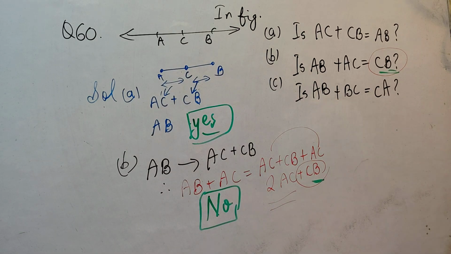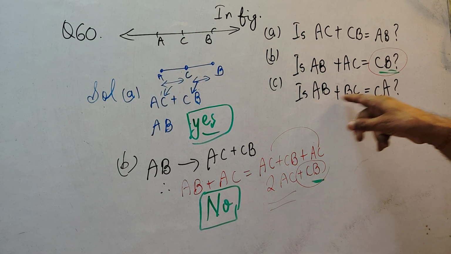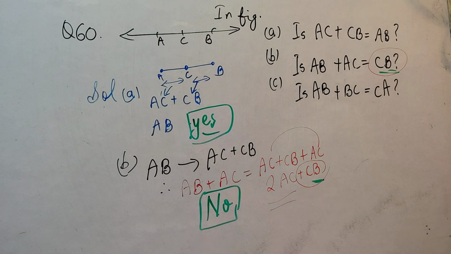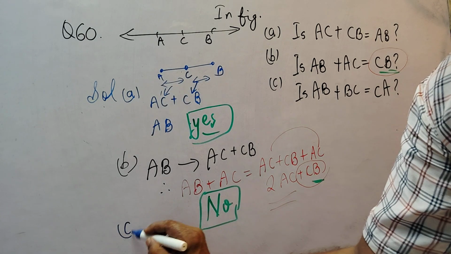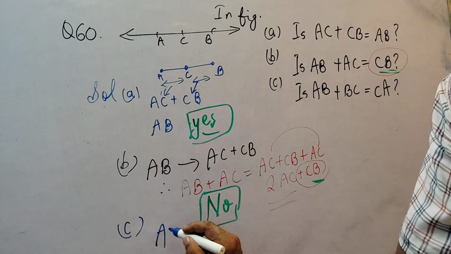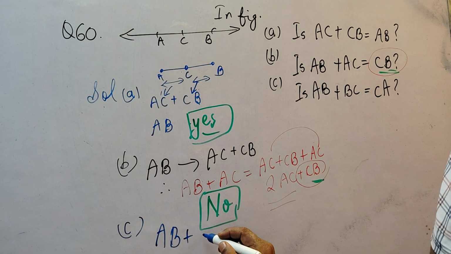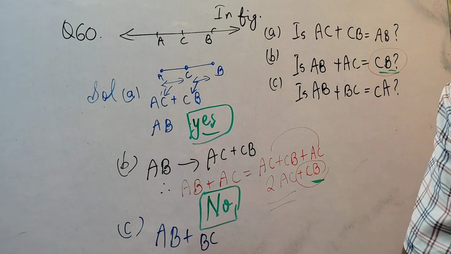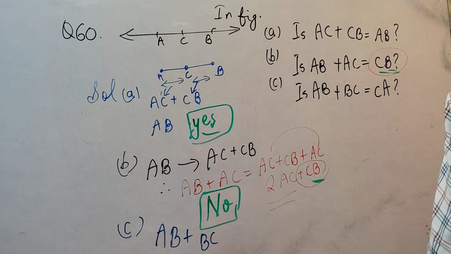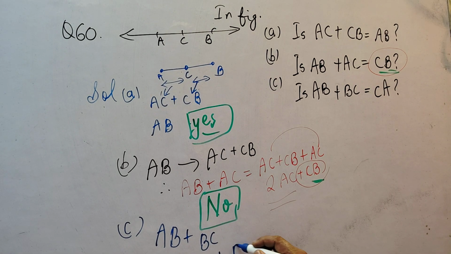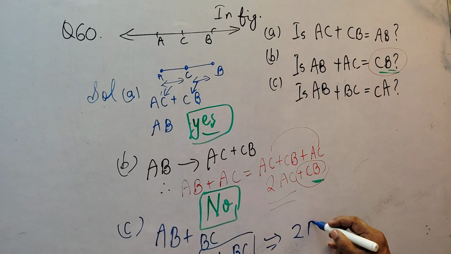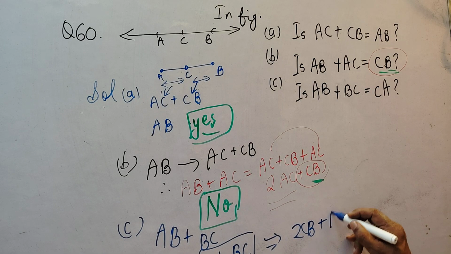Now come to C part: is AB plus BC equal to CA? AB can be written as AC plus CB, plus BC. CB and BC are the same thing, so it becomes twice CB plus AC.